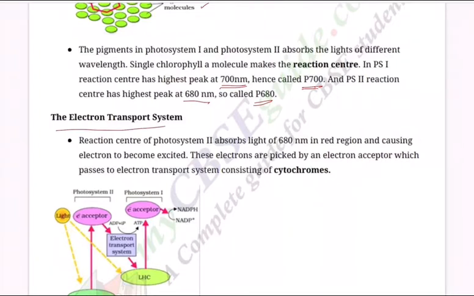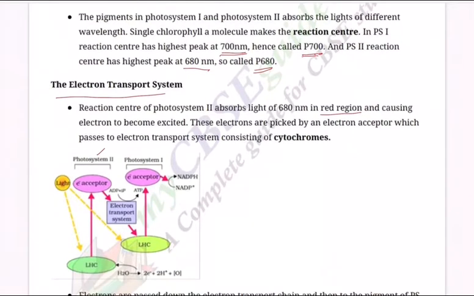So reaction center of photosystem 2, that is P680, absorbs light of 680 nanometers in red region, causing electrons to become excited. So it is the PS2 which is the initiation. These electrons, as you are seeing here, so LHC, H2O split, H plus and 2H, and look at this, these are the electrons.